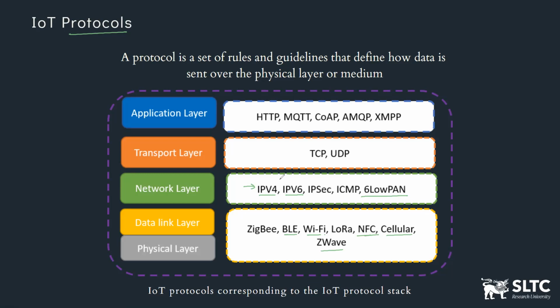We can also give unique addresses to devices using IPv6. Then we will also discuss the 6LoWPAN protocol, which is also a network layer protocol, which is used to do communication in specific scenarios. We will discuss that at a later instance.